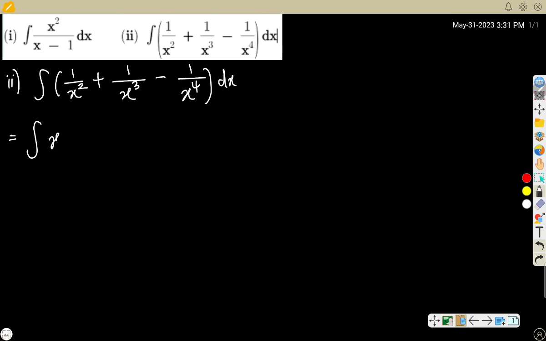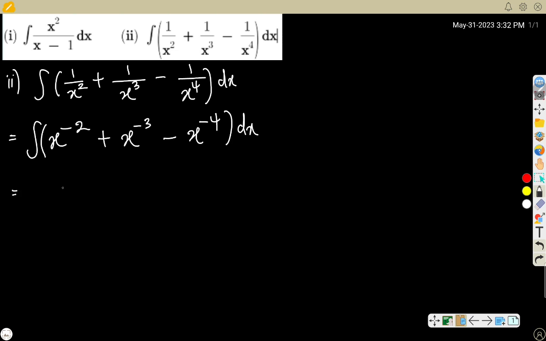So this is the integral of s raised to power minus 2, because that is 1 over s squared, plus s raised to power minus 3, minus s raised to power minus 4, ds.